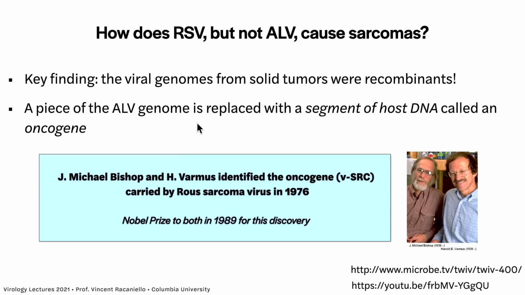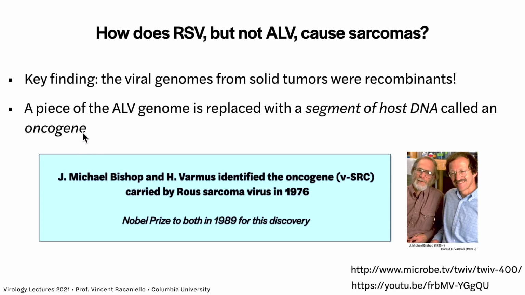Basically, he found that the genomes from solid tumors, when you infect a chicken with Rous sarcoma virus, are recombinants. The viral genome is a recombinant where a piece of the avian leukosis virus genome is replaced with a piece of host DNA, which they called an oncogene.